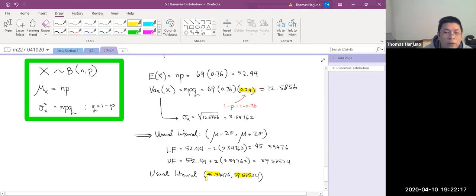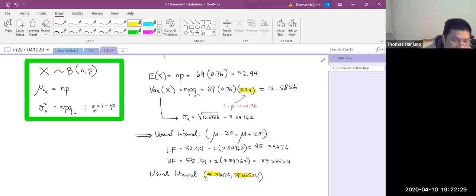If it is less than 46 or more than 59 students, I will start questioning either whether that 76% is true, or whether these students are already brainwashed, or whether these students are coming from a different type of population.